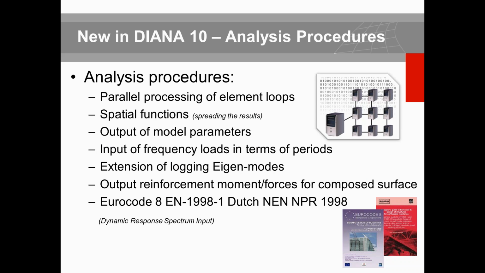You can request the output of, for instance, maturity or aging. These things can now be visualized by contour to see which part is stronger, what the variation of the Young modulus is, and what the variation of the tensile strength is. All those things can be visualized in the output.